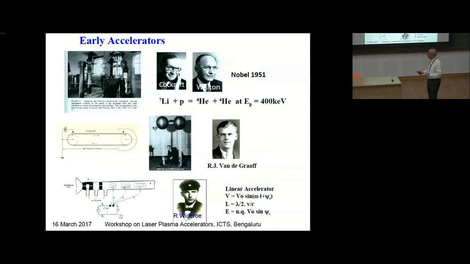And they pipped the other development of the circular accelerator which was going on by Lawrence in America, because they had the advantage of knowing George Gamow's theory of tunneling under the barrier. Although the Coulomb barrier was much higher, they could get this reaction at 400 keV below the barrier because they knew about Gamow's theory.